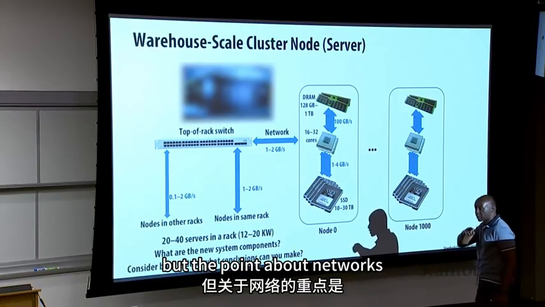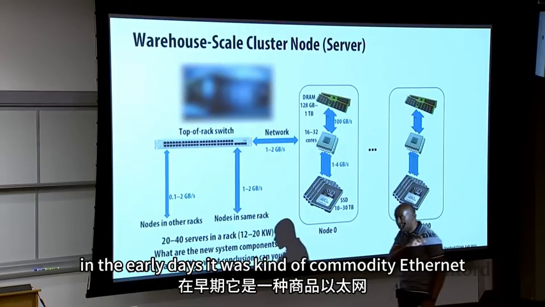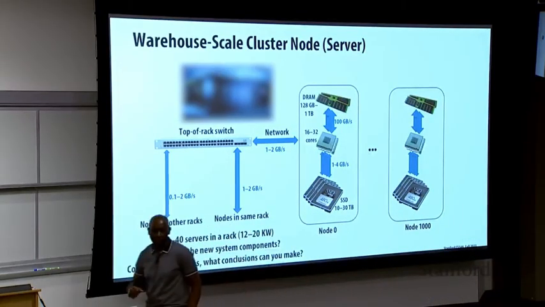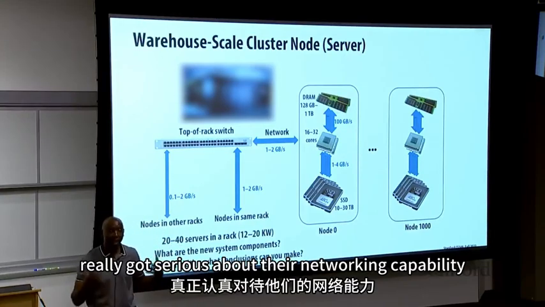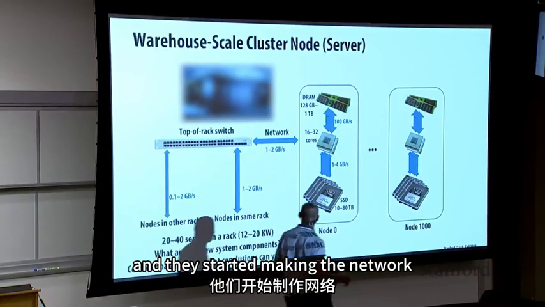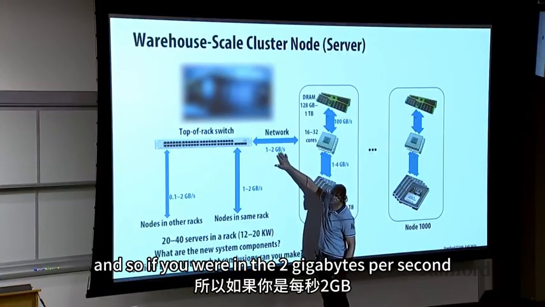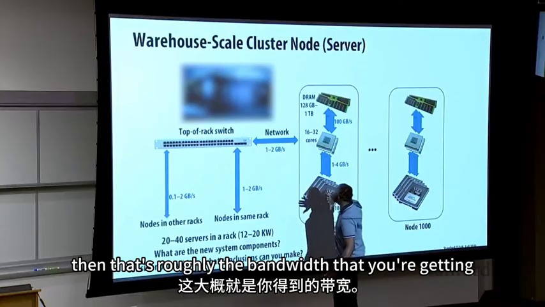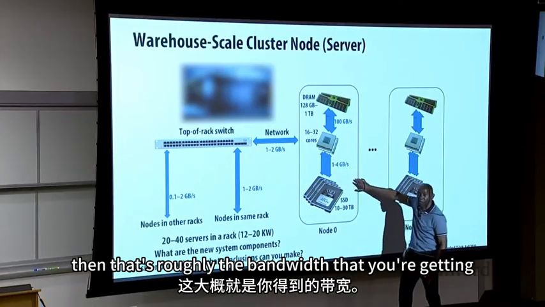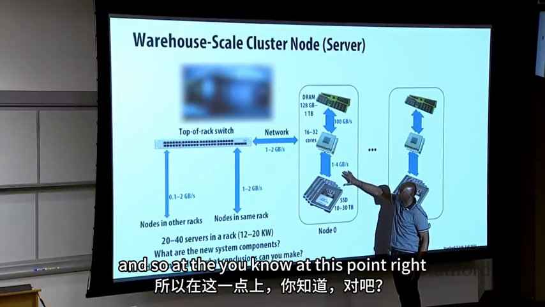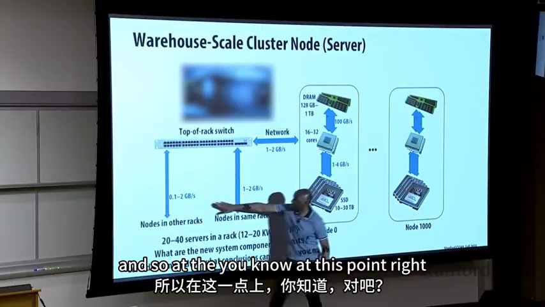But the point about networks, I made this point about the fact that in the early days it was kind of commodity Ethernet, and then the warehouse scale computers guys really got serious about their networking capability, and they started making the network much higher bandwidth, right? And so if you're at 2 gigabytes per second, then that's roughly the bandwidth that you're getting from the solid state disk, right?